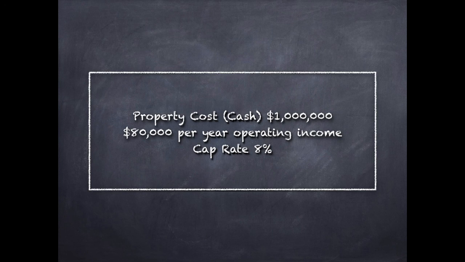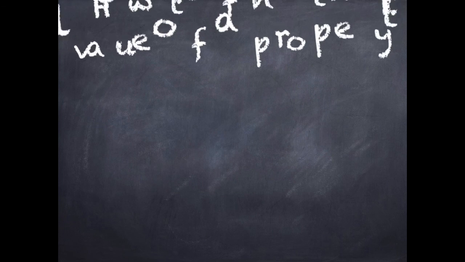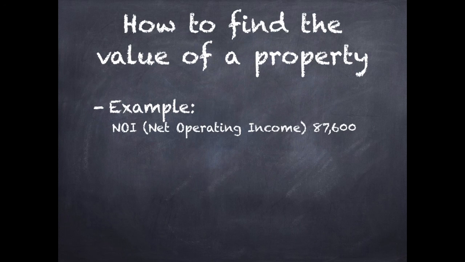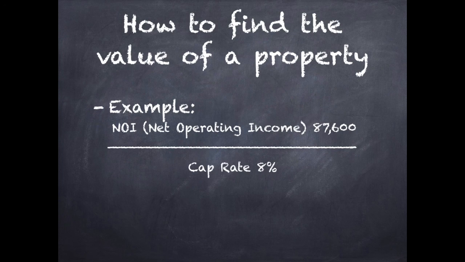Sounds easy enough. So let's find a property value. Let's hypothetically say we have a net operating income of $87,600 and our cap rate is 8%. So in this equation, it's $87,600 net operating income over the cap rate, 8%. You divide.